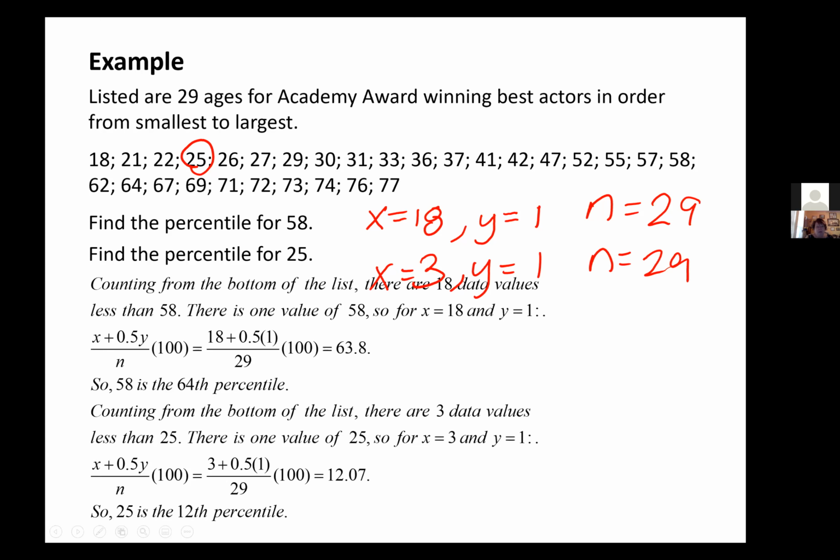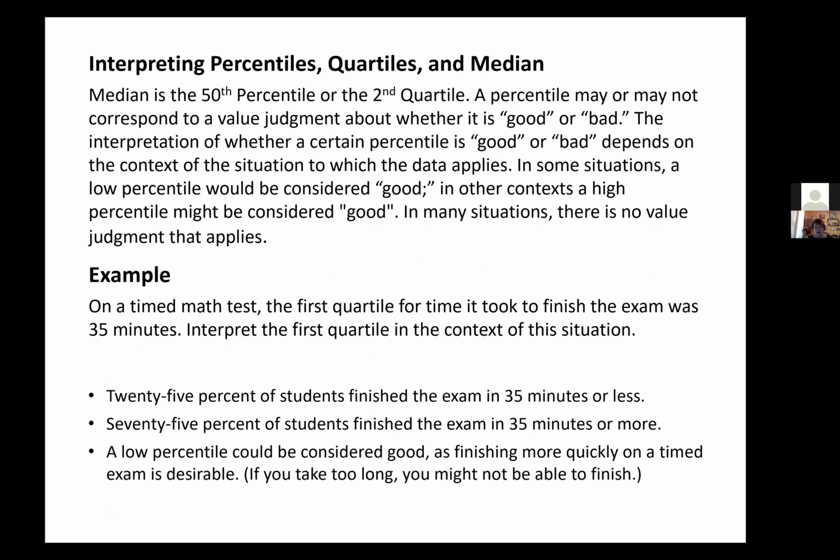Okay, again, here we go. Median, 50th percentile, or the 2nd quartile. A percentile or a quartile may or may not correspond to a value judgment. Is the 90th percentile good or is it bad? Well, it depends. On a timed math test, the first quartile for the time it took to finish the exam was 35 minutes.